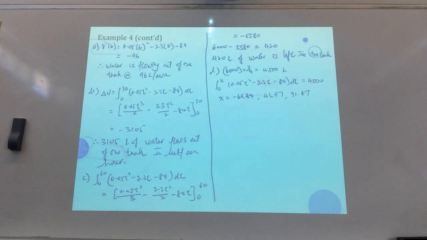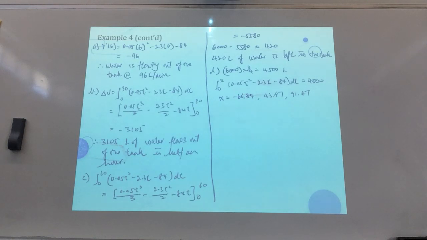All right? So you can only accept one value. You cannot accept all 3 values.